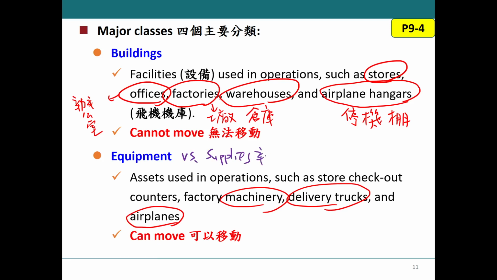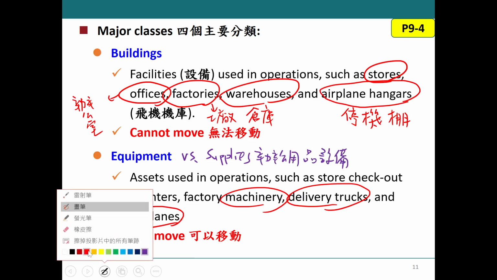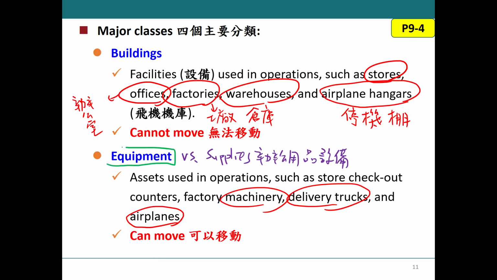Equipment, 设备. Supplies, 办公用品. For these two, what's the key difference? Surprise? The price. Yeah, the price.